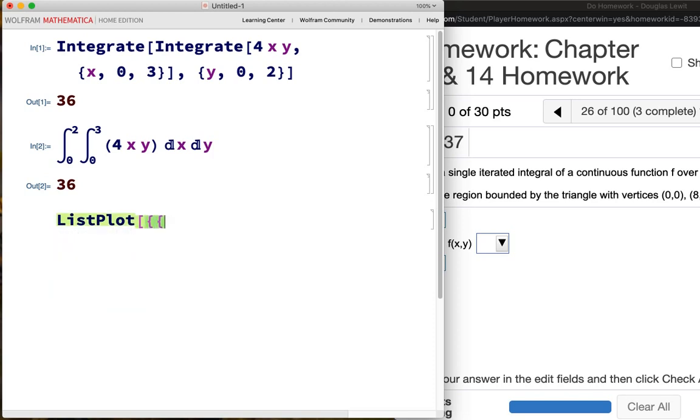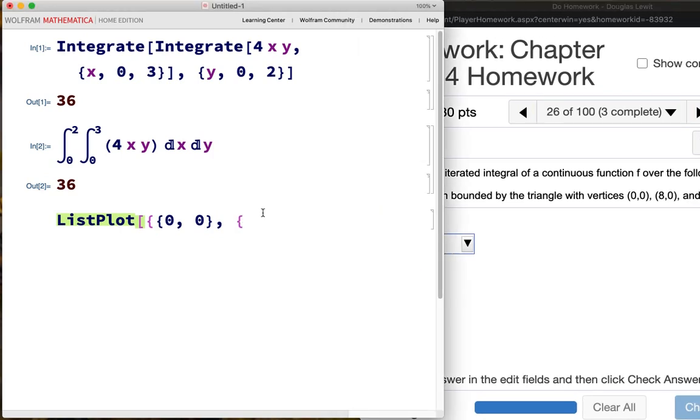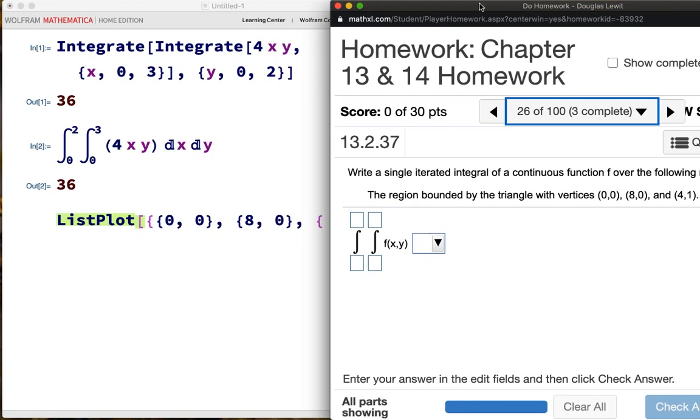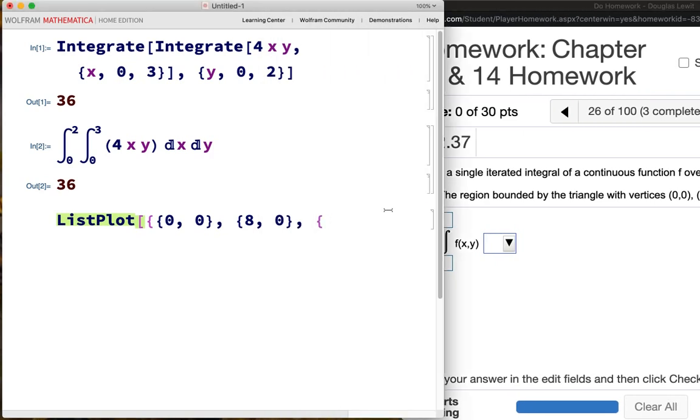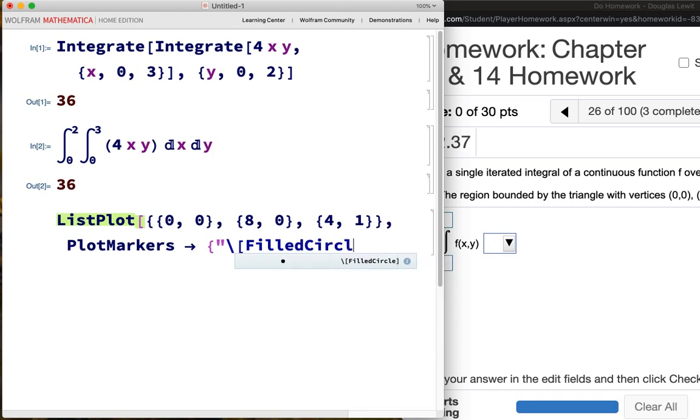ListPlot of (0, 0), (8, 0), and (4, 1). PlotMarkers, filled circle, close the bracket.